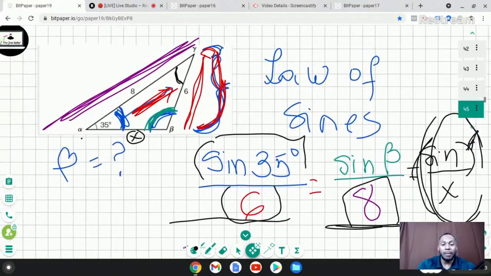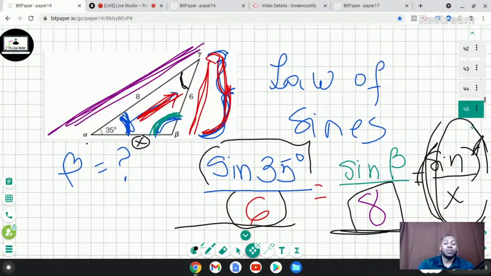To recap, the law of sines says that if I have two angles and a side, or two sides and an angle, I can find everything else about the triangle, all of the sides and all of the angles.